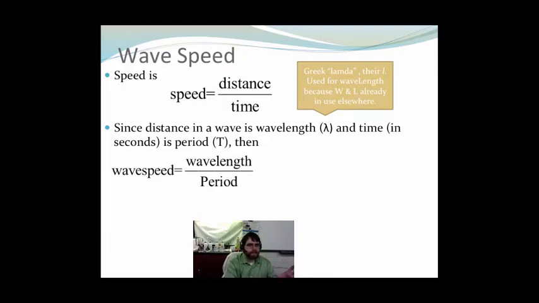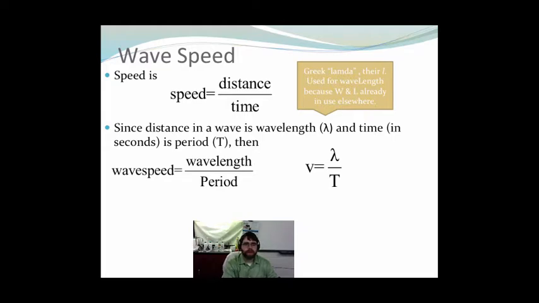It's the same as the speed formula that you've had before, but now we have different terms in there. Instead of speed, it's wave speed. Instead of distance, we call it wavelength. And instead of time, we call it period. Abbreviated, that's v equals lambda over T, v for velocity, of course, here, instead of speed. I don't know why we call it wave speed, but then use velocity in the abbreviation.